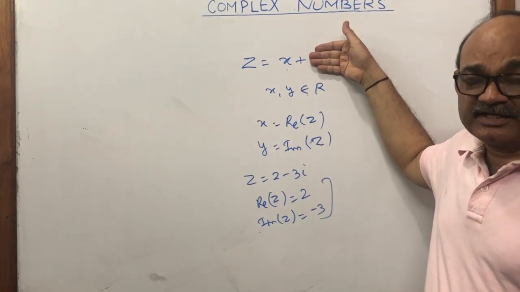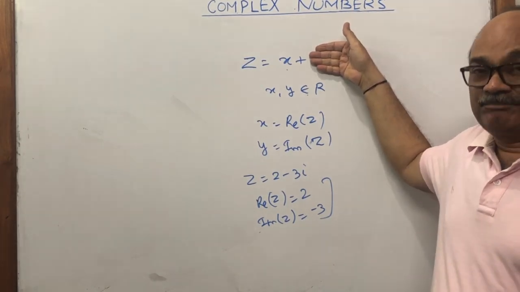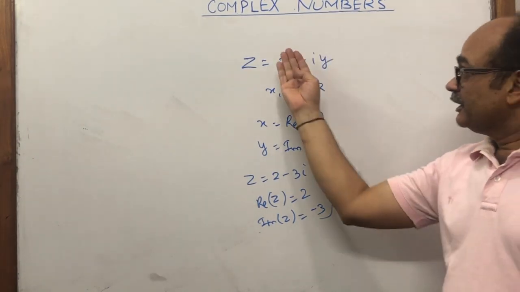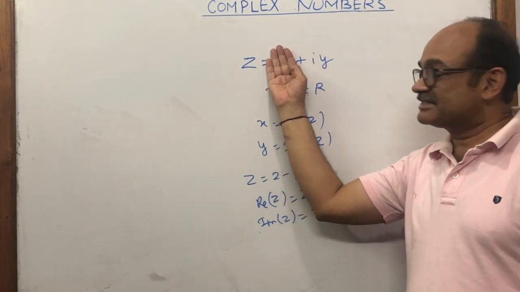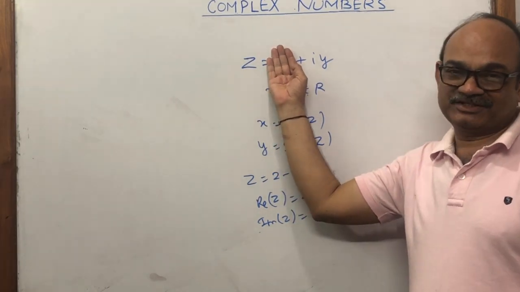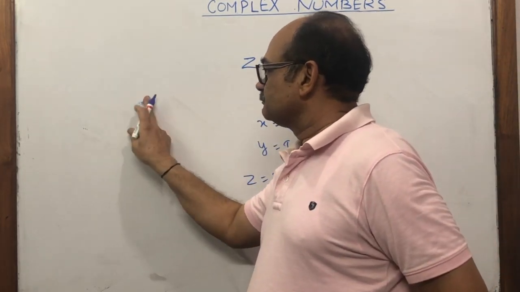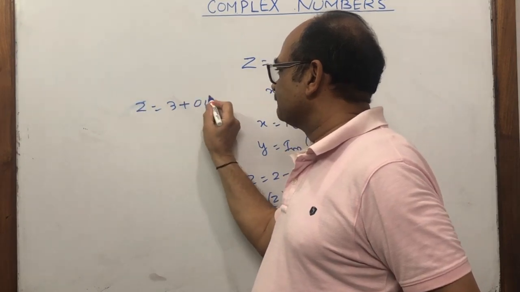Then what do we say? It is purely real. This complex number is purely real. Why? Because the imaginary part is not here. Just the opposite: if x is not present, there is no real part, then we say it is purely imaginary. For example, z equals only 3.